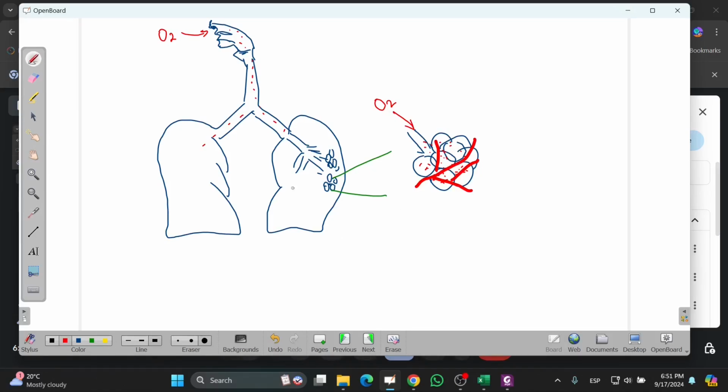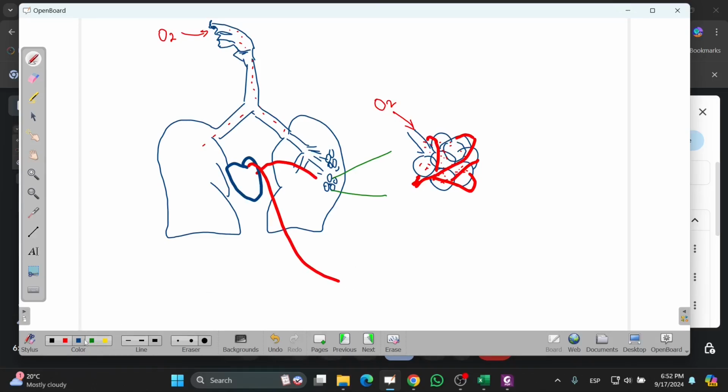Then that oxygenated blood will now go from the alveoli to the heart, to your heart, and from your heart to your body.